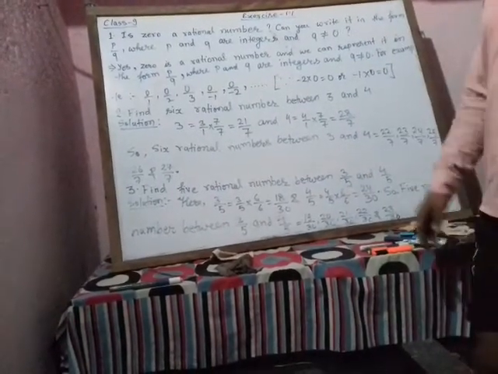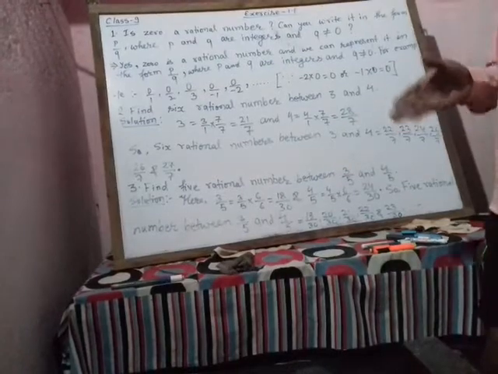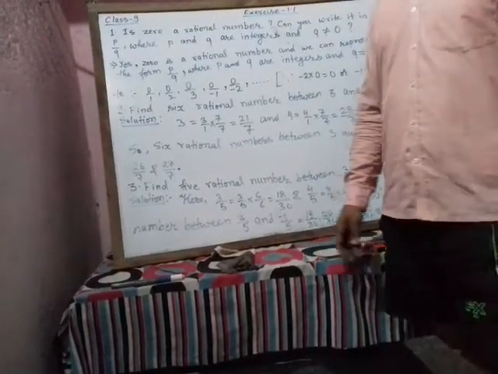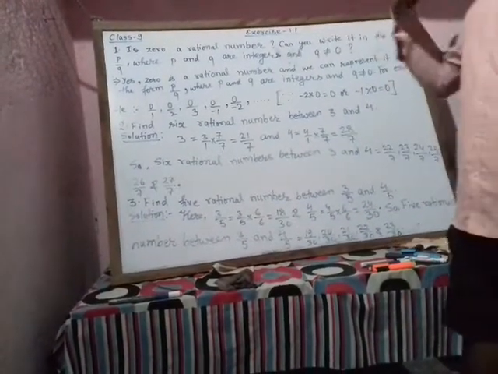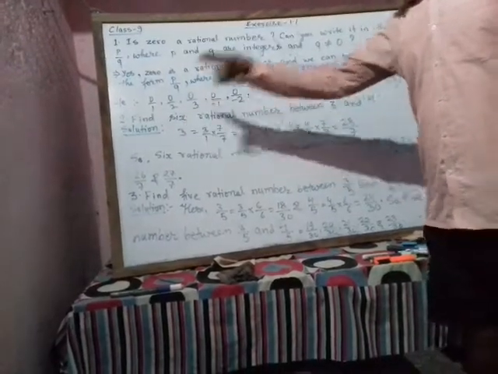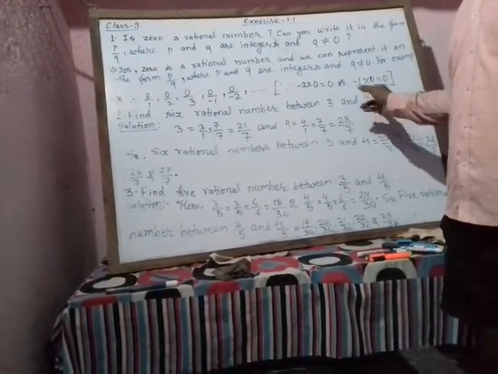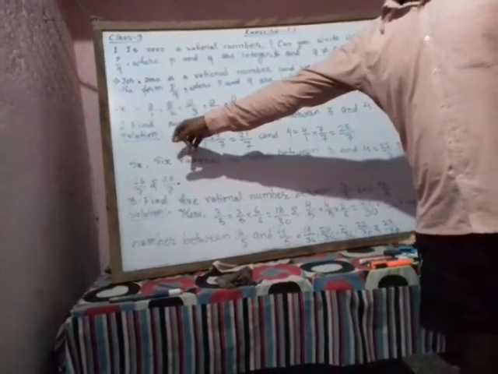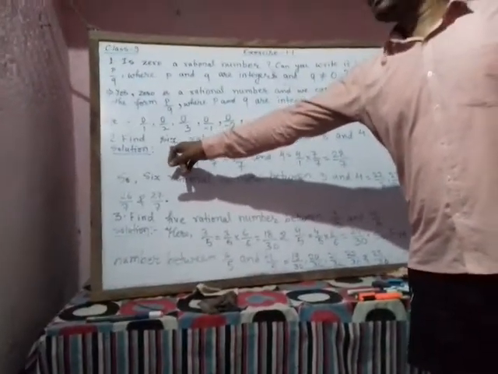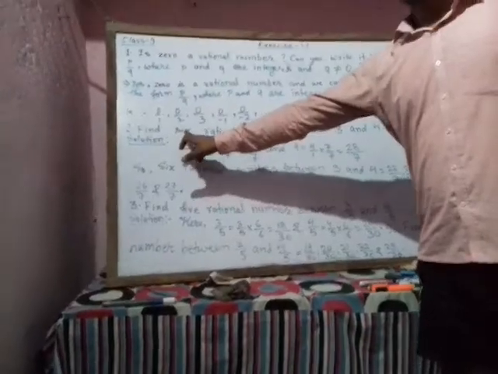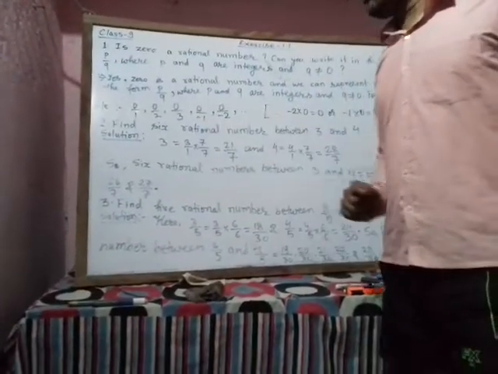And I had said that you don't have to find exactly the middle numbers. When it is said 6 and there are no denominators or there are like denominators, we multiply up and down by a number one bigger than this. One bigger than 6 is 7.